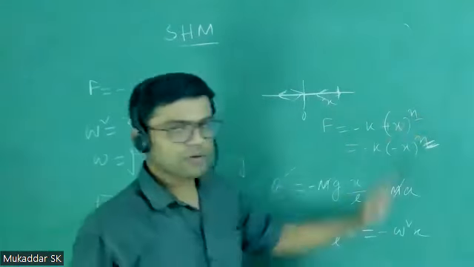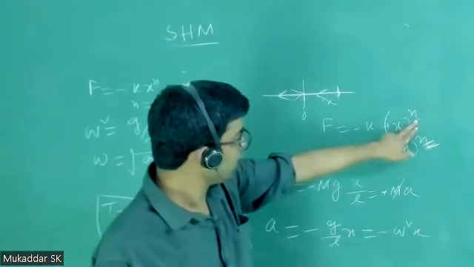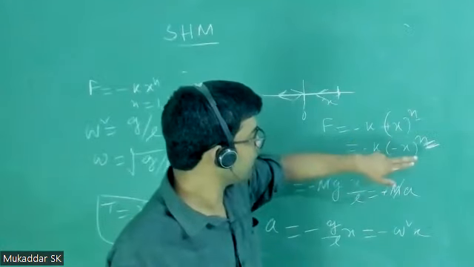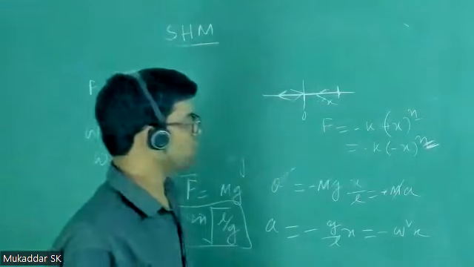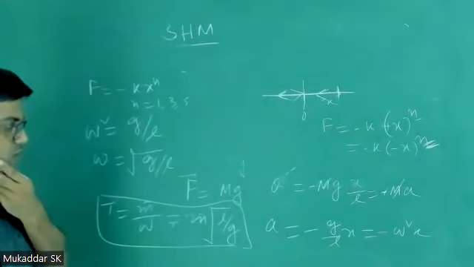That's why you are restricted to take n odd, because it will show that force will always act in the opposite direction of displacement of the body for oscillatory motion. So that's why you are restricted to take n as an odd number.